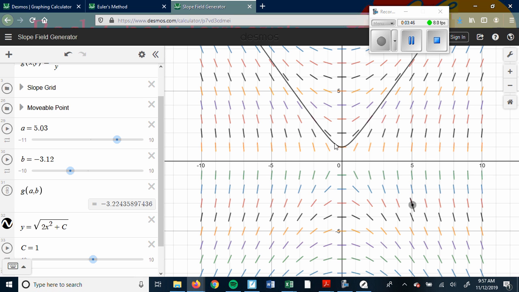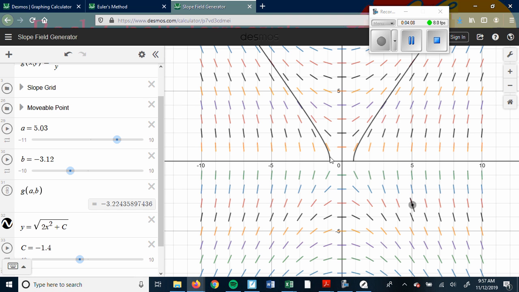You see right there, it flattens out right at 0. Notice what happens if I make c bigger. It rises. Now here's what's fascinating. I'm going to go to a negative and see what happens when it's negative. It now splits.